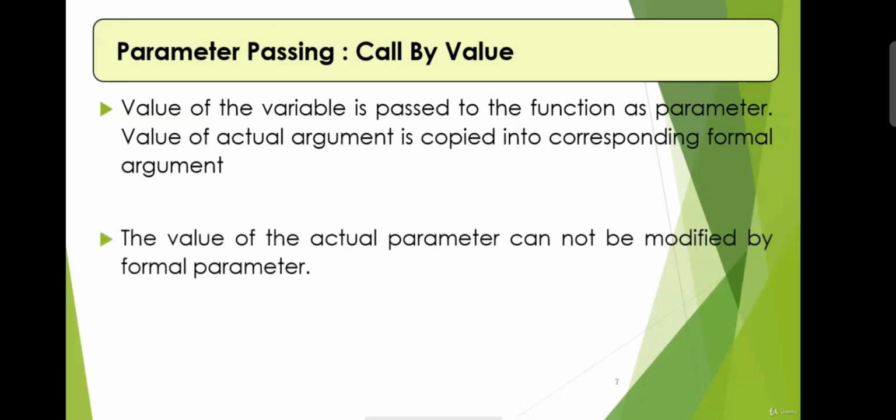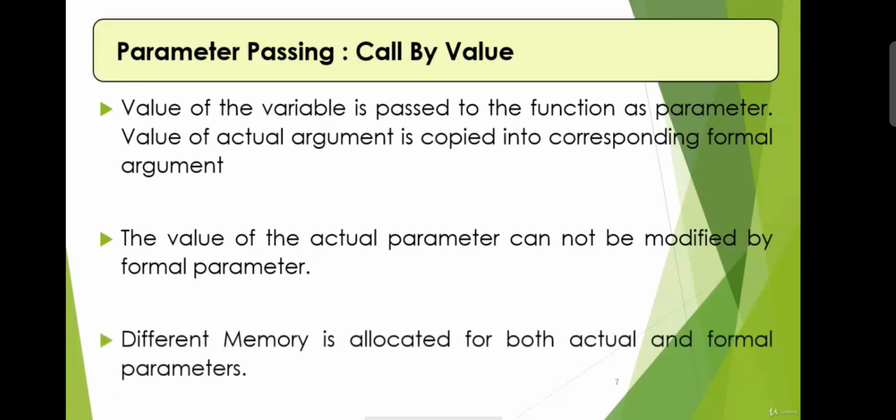The value of the actual parameter cannot be modified by the formal parameter, and if any changes are made in the value of the formal parameter, these changes are not visible to us inside the main function. Note that different memory is allocated for both actual as well as formal parameters. So though sometimes the names of actual and formal arguments are the same, they are still two different variables having separate memory allocation.